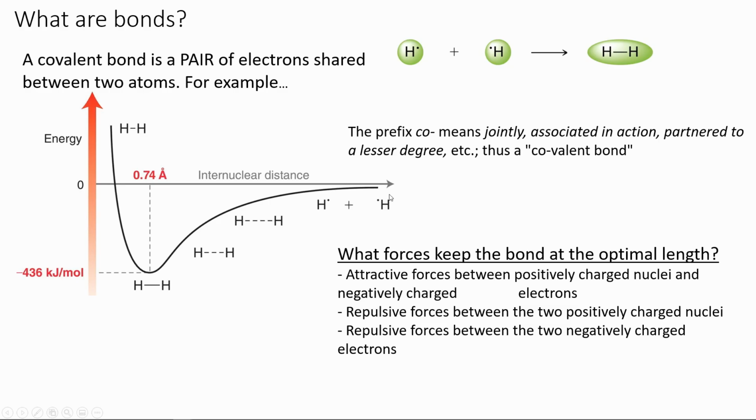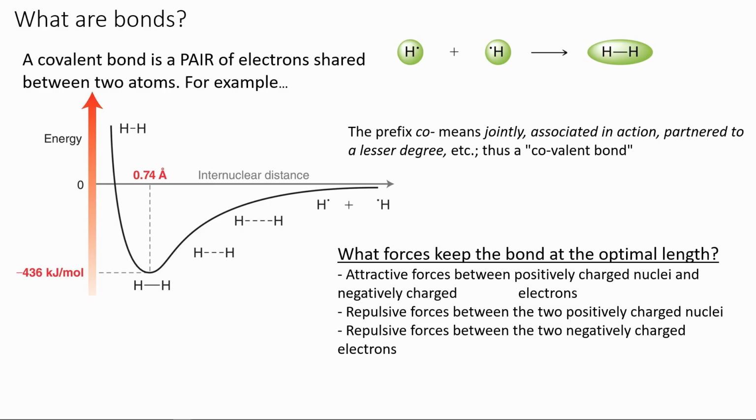There are several different forces in play that keep the bonds and the atoms associated together. We have an attractive force between the positively charged nuclei at the center of the molecule, the protons, and on the outside of the molecule we have a cloud of electron density, which is negatively charged.